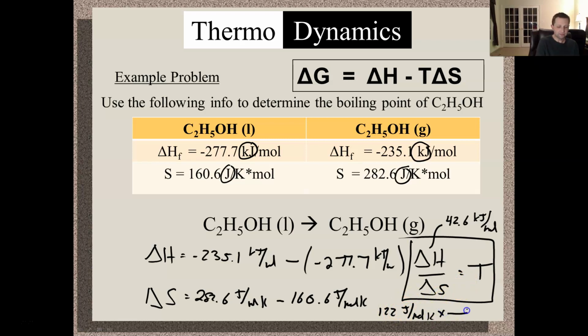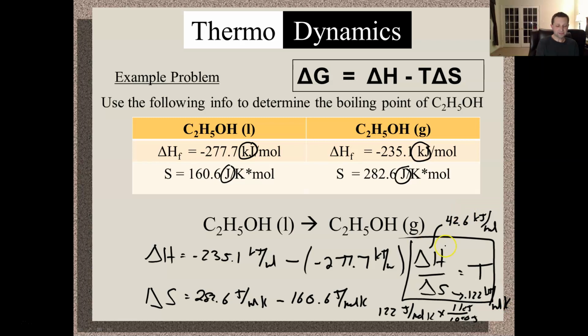So just multiply by 1 kilojoule over 1,000 joules. Once you do that, you get 0.122 kilojoules per mole Kelvin.